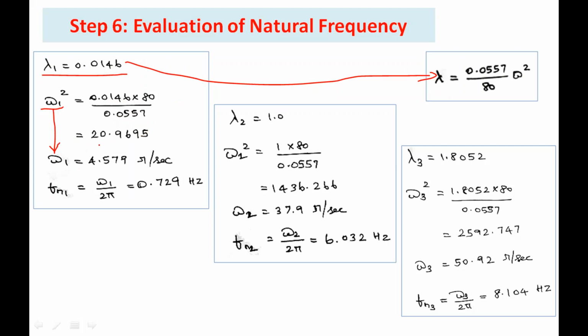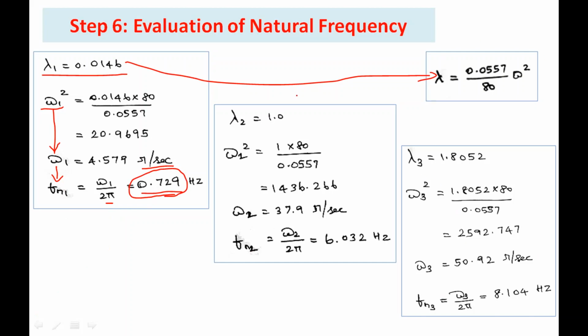Omega 1 will be equal to 4.579 radian per second. From this, omega is angular frequency. To get this Fn value, we have to divide by 2 pi. So omega by 2 pi will give you 0.729 hertz. So very small value, which is a negligible one. So 0.729 hertz.